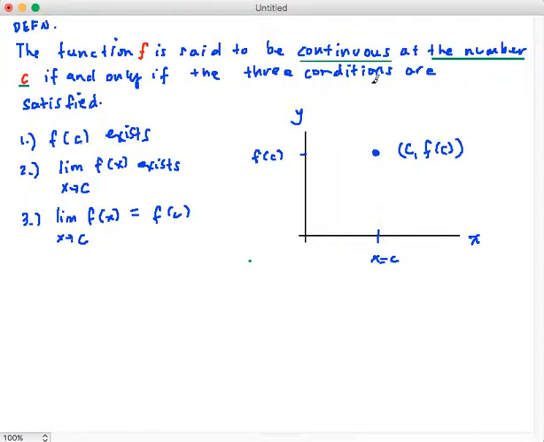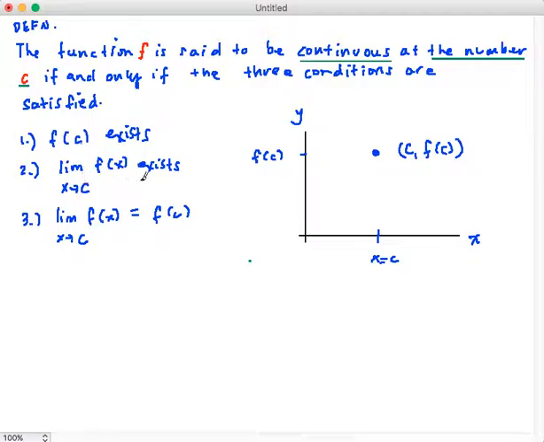So may point dapat somewhere dito sa vertical line na x equals c. Pag wala kang point, automatic hindi na siya continuous. Remember, three conditions are satisfied. Pag meron na tayong isang hindi na satisfied dito, hindi na siya continuous at that particular point.